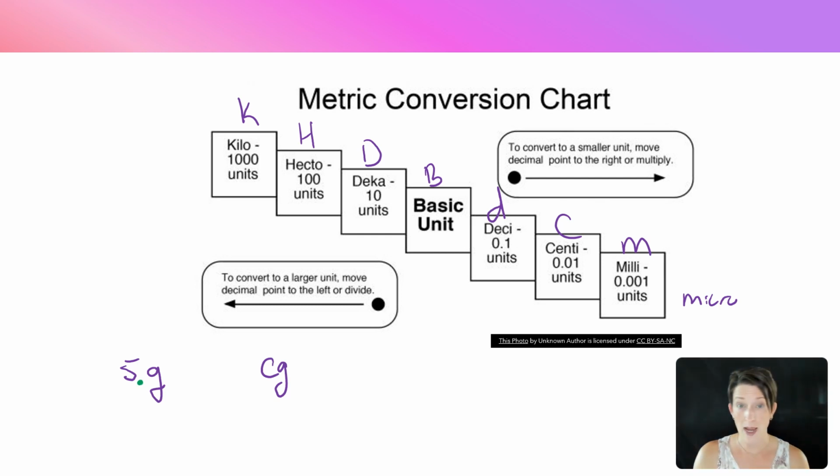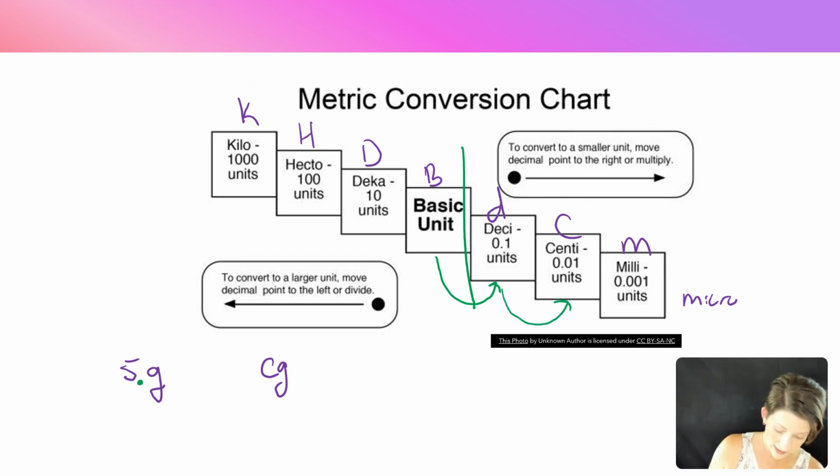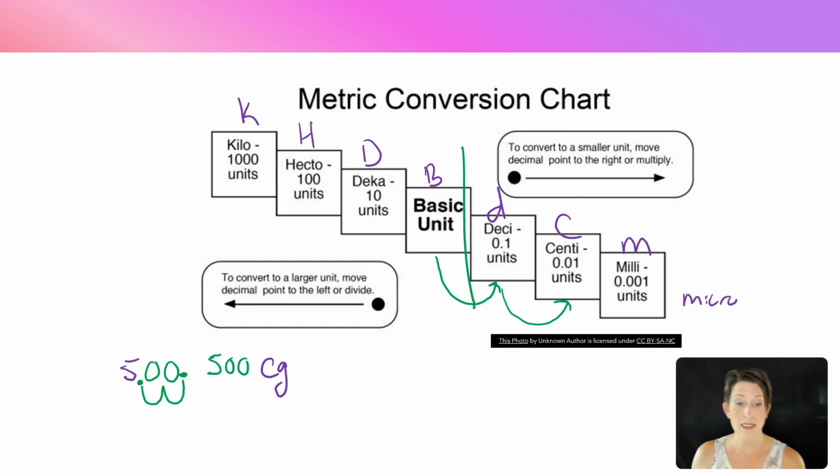So our decimal always goes past that ones spot. It's what separates the base unit with what goes above ones place and what goes behind the ones place. With this, each time we move to a new box, we move the decimal. And this is that base of 10. We move it by a full position. So if I want to go to centi, I have to go 1, 2. So I'm going to move my decimal 2 times. And I'm going to occupy those empty regions with zeros. So there are 500 centigrams in 5 grams.